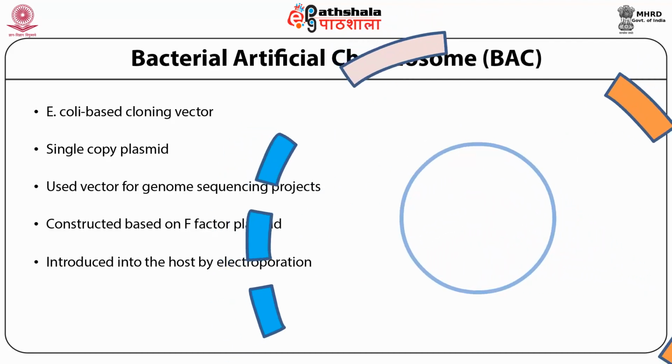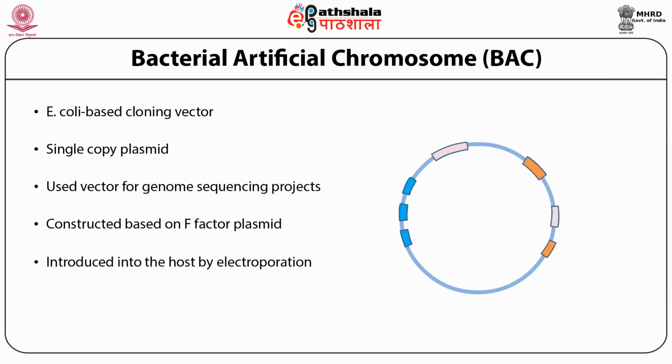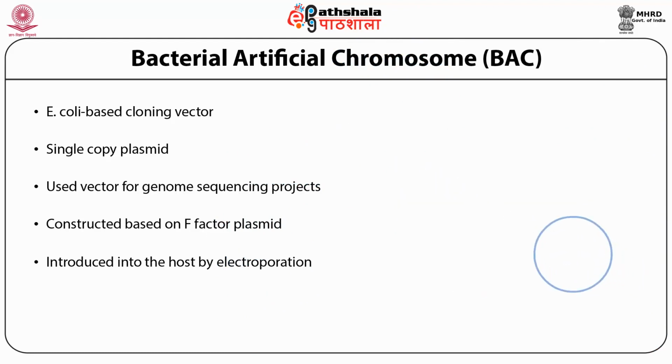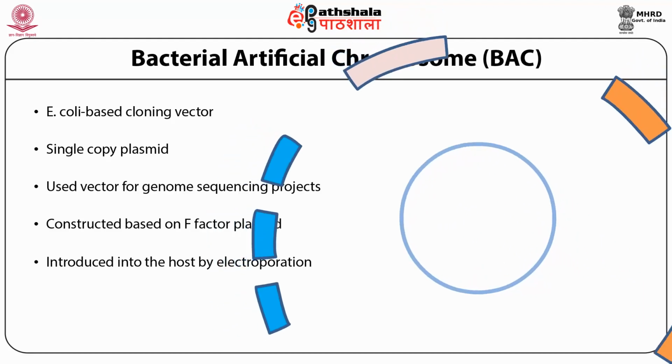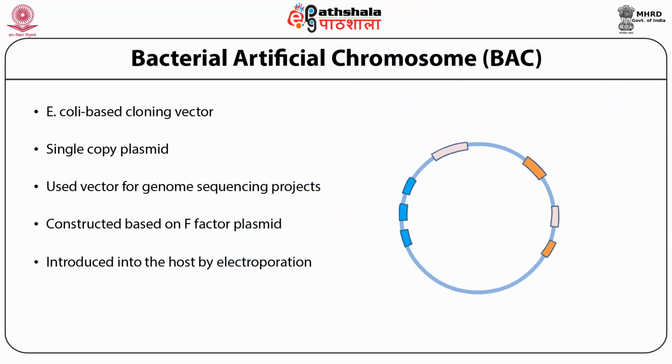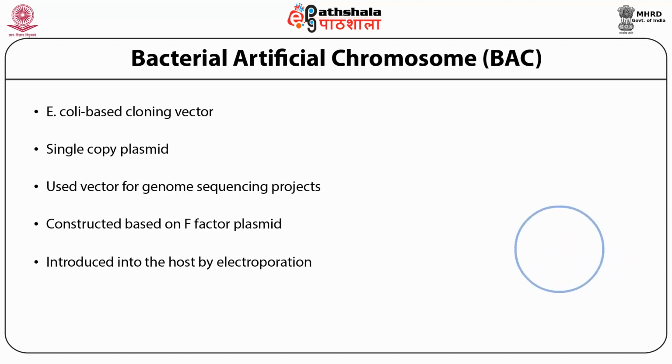It has three genes of partitioning such as par A, par B, and par C. The host bacteria should be deficient in homologous recombination and it should be Rec A minus. The size of vector, that is bacterial artificial chromosome vector, is about 7.4 kilobase pair.